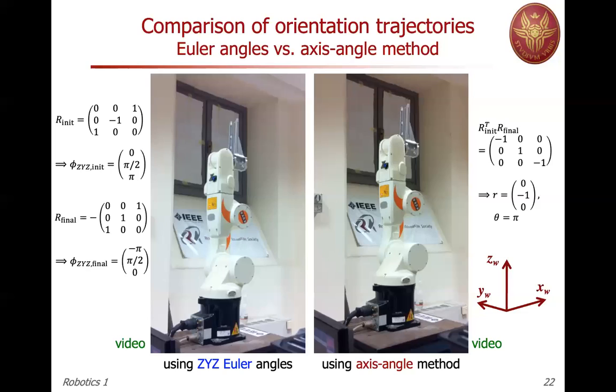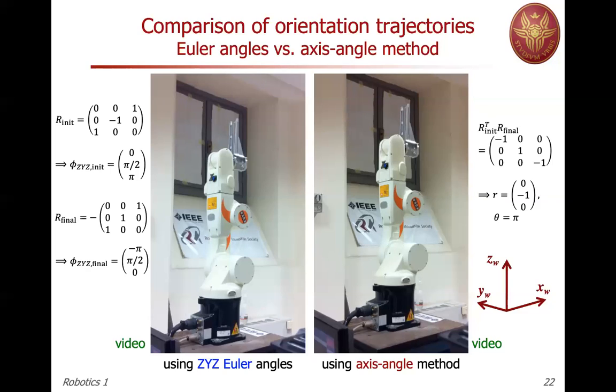So if you look from the point of view of the minus yw-axis, or the r-axis here, you will see a counterclockwise rotation of 180 degrees. Of course, this can be interpreted also in the opposite direction. So we can rotate around minus r, which is 0, 1, 0, which is exactly the yw-axis direction. And then we would rotate by minus pi, so we would rotate counterclockwise. It's exactly the same motion.